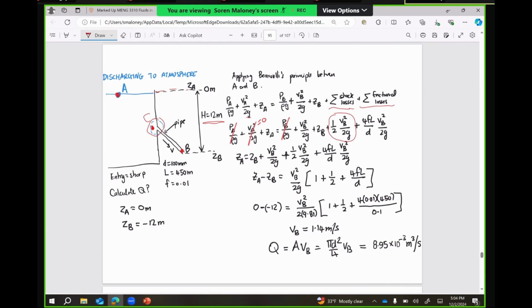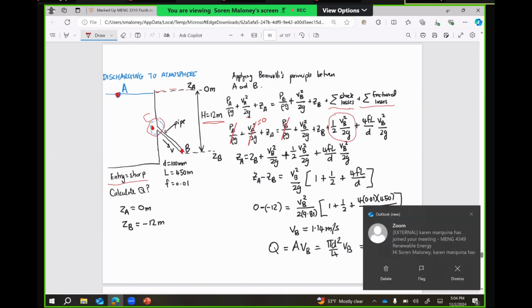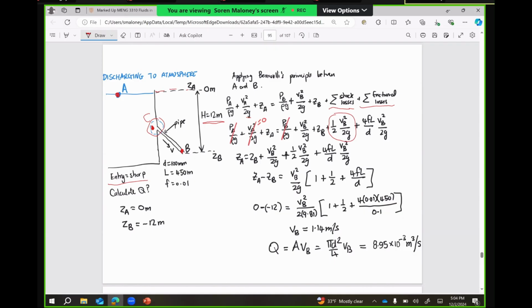And remember, we said if there's nothing said about that transition, you take it to be negligible or zero. However, in this question, you were told that the entry was sharp. And then we're also going to have frictional loss in that pipe section between this point here and B. So we need to add that component as well. So these are the two losses that we've identified.